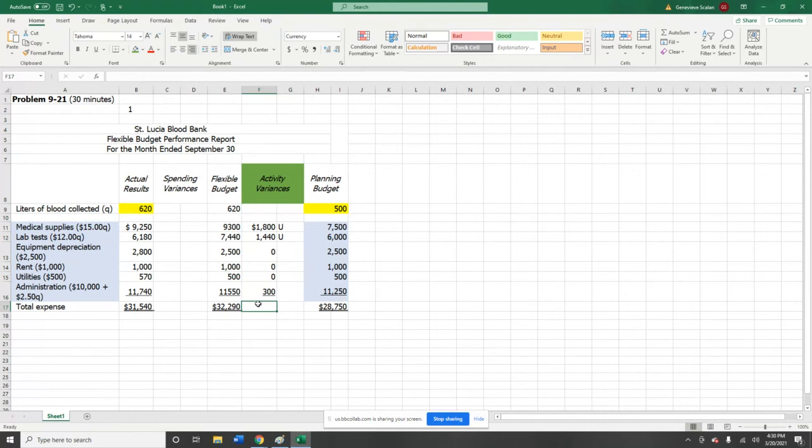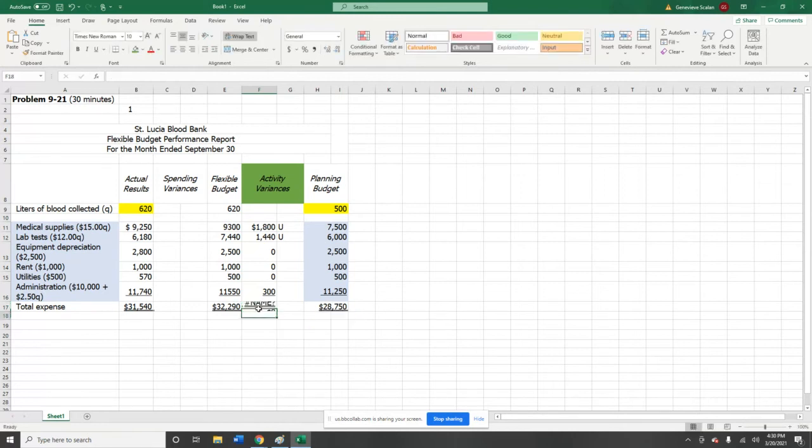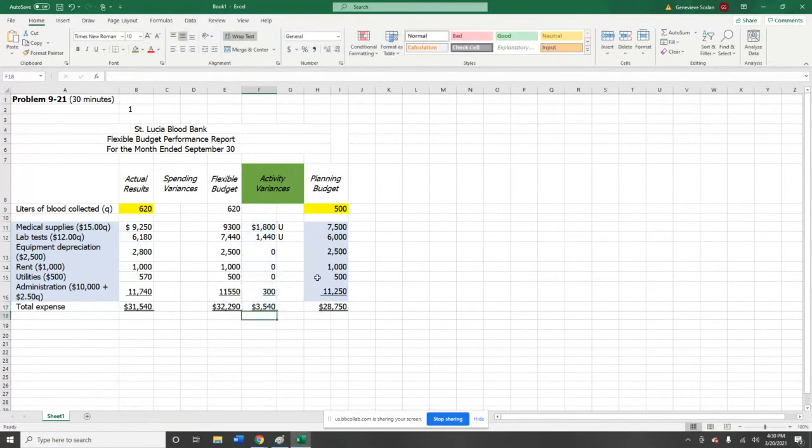And if we sum these all up, 1,800 plus 1,440 plus 300, that's $3,540. And again, it's bigger than what we planned for, so it is an unfavorable variance.